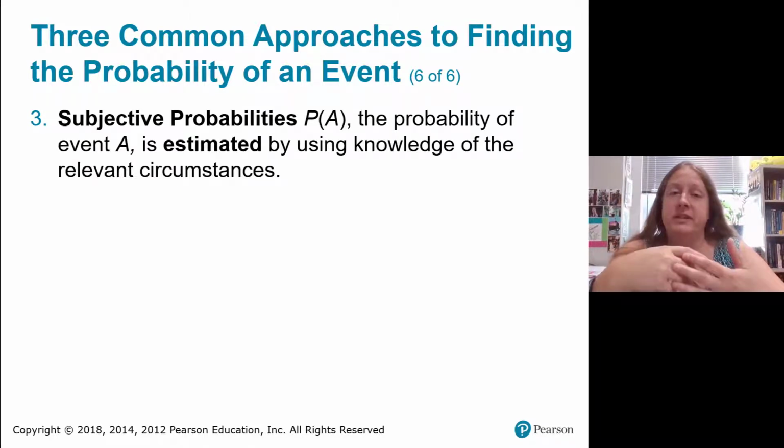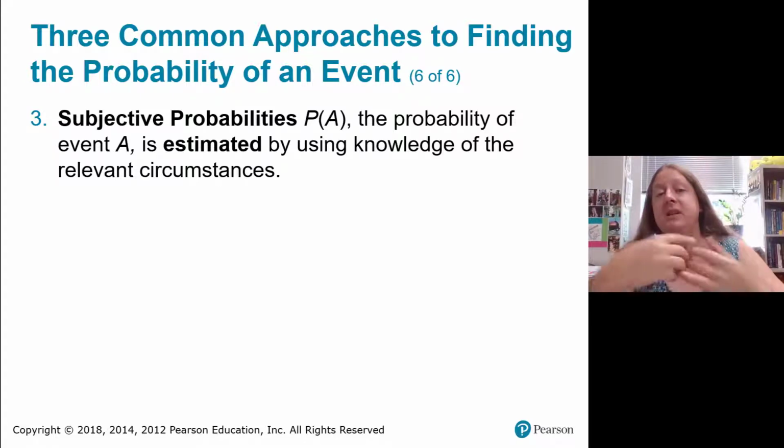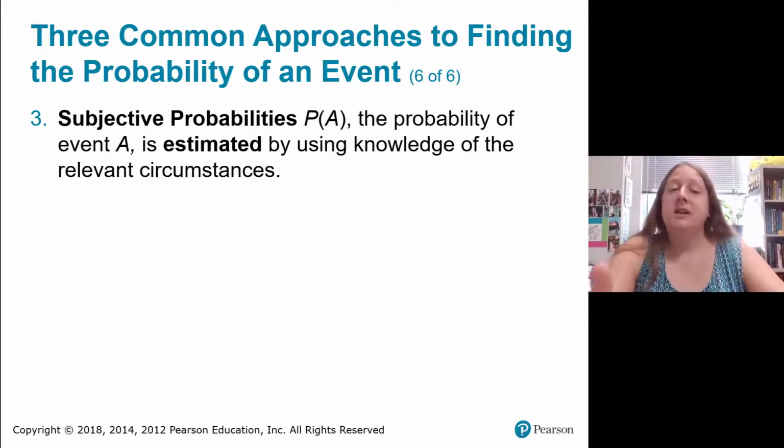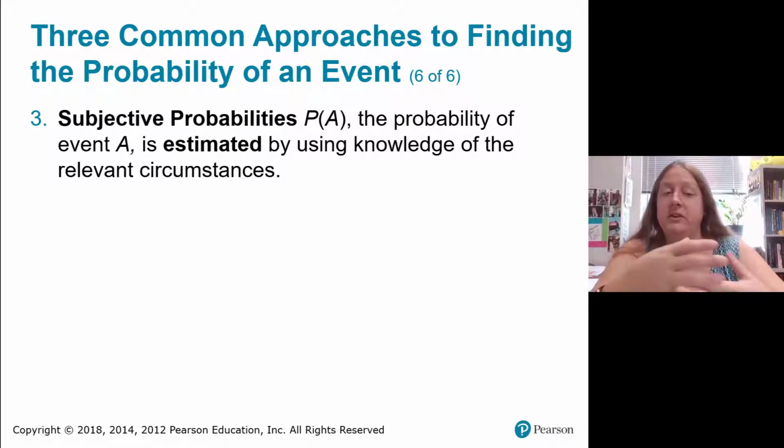And because we're using our knowledge about the circumstances, it's considered subjective because my knowledge about the relevant circumstances might be different than yours, and consequently we would come up with different estimated probabilities.